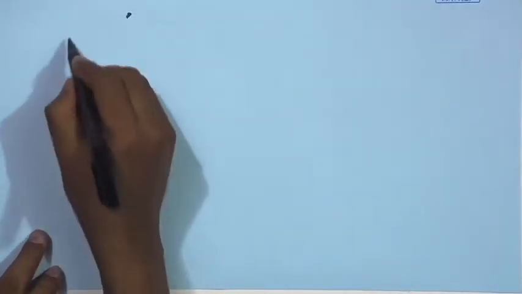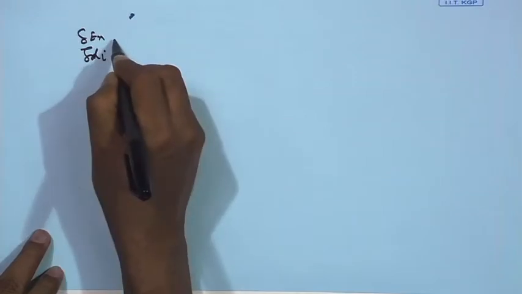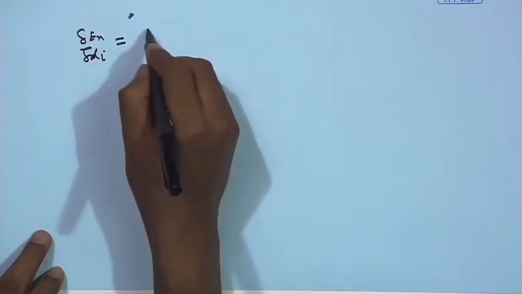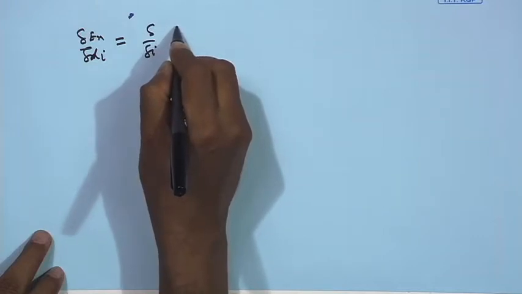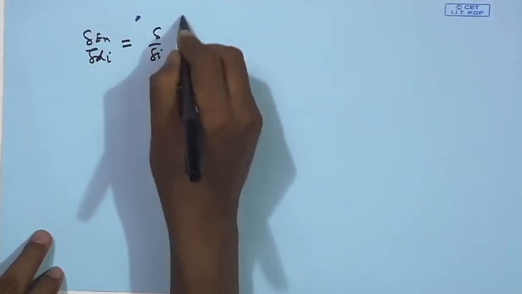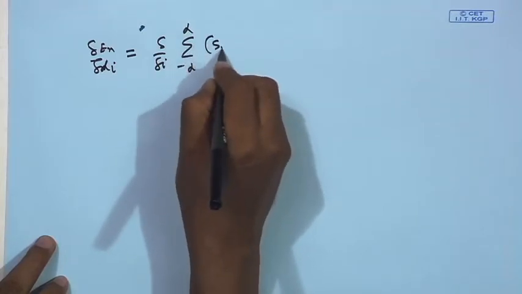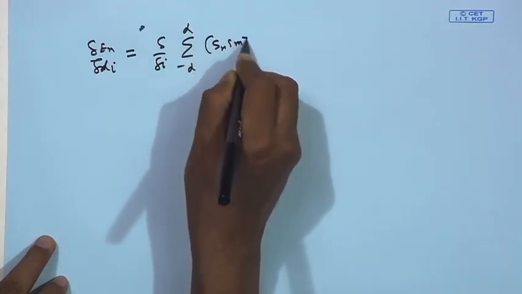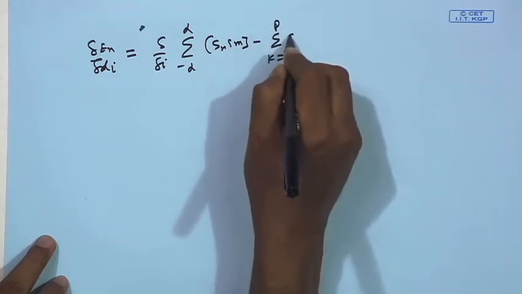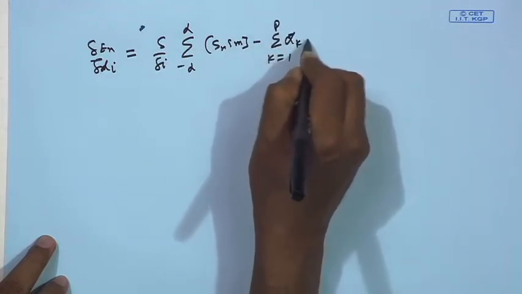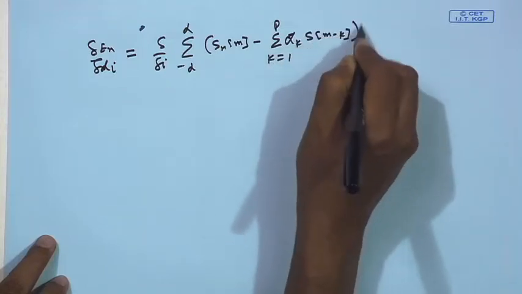So, del E n by del alpha i is equal to del by del alpha i of the sum over m from minus infinity to infinity of s n m minus the sum over k equal to 1 to p of alpha k s of m minus k, whole square.